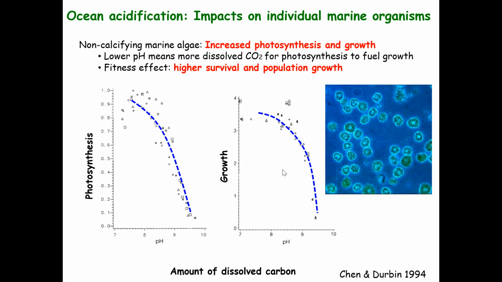That's good, which means photosynthesis is going to increase. You're going to have a higher survival of the algae, but algae can cause all kinds of impacts, especially if it's an algae bloom and you're not getting the light into the deeper depths of the ocean where it's necessary. So algae having a higher population growth is not a great thing.